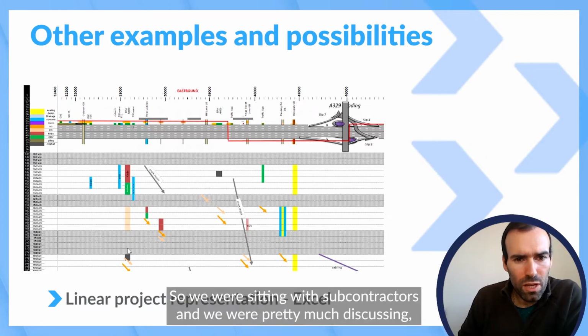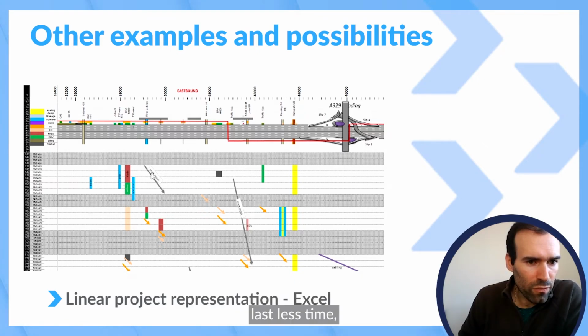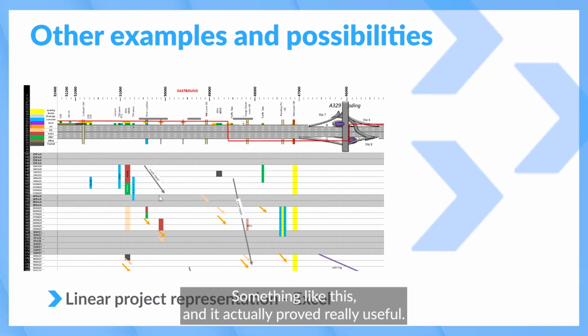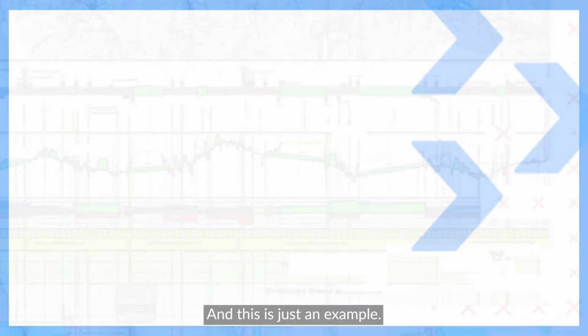So we were sitting with subcontractors and we were pretty much discussing, is this possible, is this not possible, can you make your activity instead of lasting the whole week, last less time, something like this. And it actually proved really useful. This is just an example.